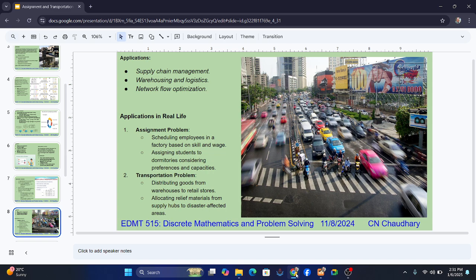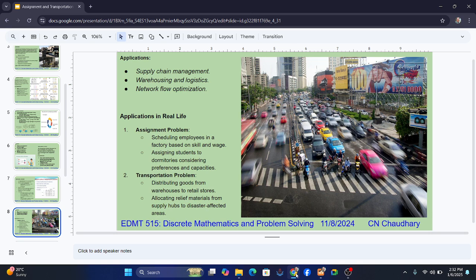Now, talking about applications in real life, at first I am going to talk about the assignment problem. First, scheduling employees in a factory based on skill and wage. Number second, assigning students to dormitories considering preferences and capacities.